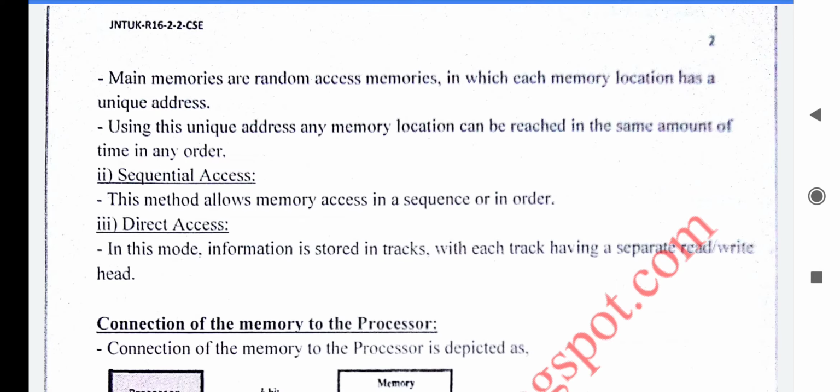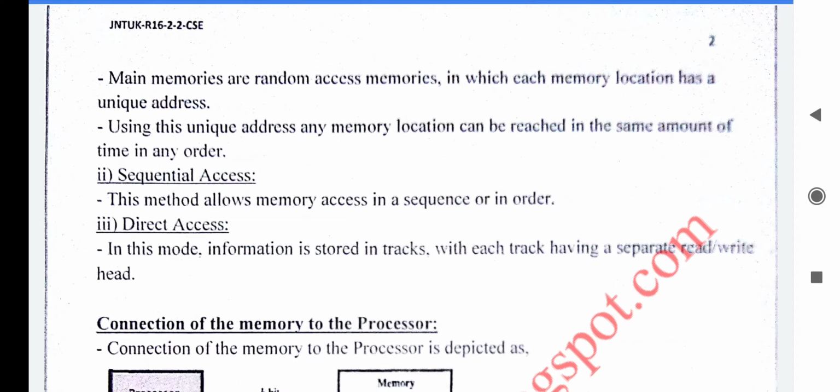By using those unique addresses, we can reach or access any memory location with the same amount of time or same speed in any order. Random means whatever you want to access, from any location, we can access it.